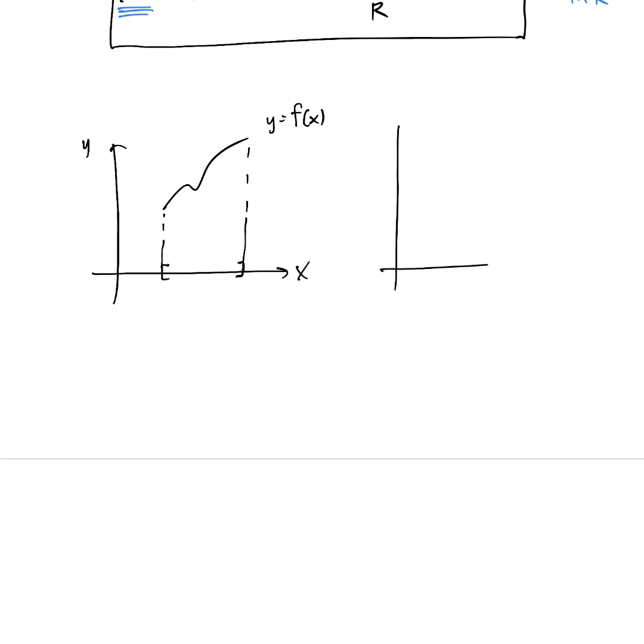The area under that curve comes out to something. So if you were to go and compute this like we do in Calc 2, that gray area there, it comes out to something.